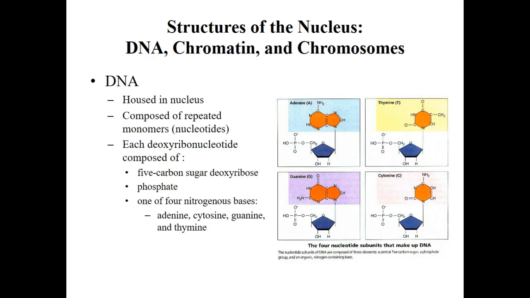The monomers are the nucleotides. They're bonded together through phosphodiester bonds, and then because DNA is a double helical molecule, it has 2 strands. The strands are held together, or the nucleotides are held together in the middle by hydrogen bonding.